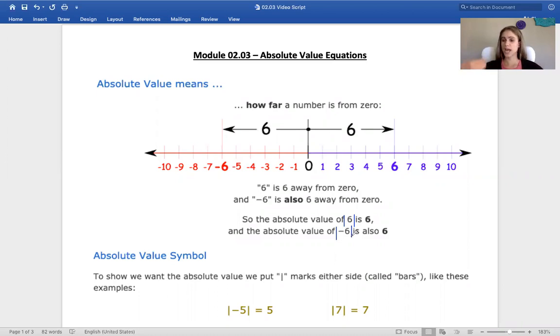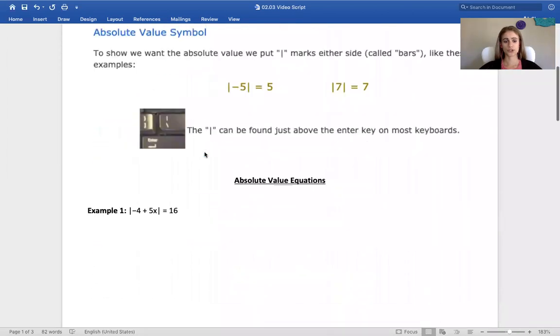Therefore, for every absolute value, there are actually two possible solutions: the number on the positive side and the negative side. That is something we're going to carry with us when we come down and solve our first equation.